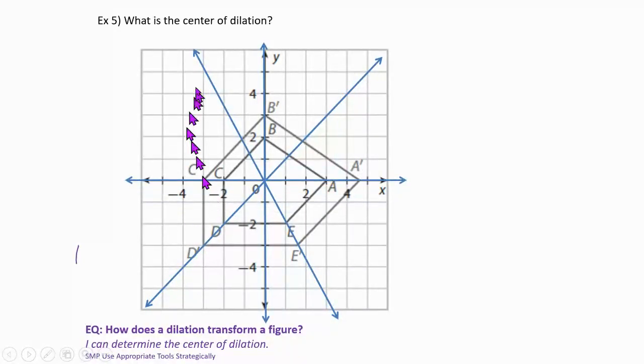And so you can see when you line up all of those, you put a line through the image and pre-image vertices, then they show you exactly where the center of dilation is. So it's going to be obviously right here at the origin, which is 0, 0. So all you have to do is draw lines through all of those letters, and wherever they all intersect, that is your center of dilation.